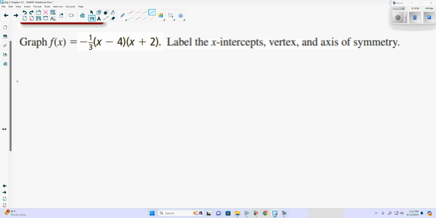Now, if we look at this here, f of x equals a times (x minus p) times (x minus q), yes? Is that a different formula?